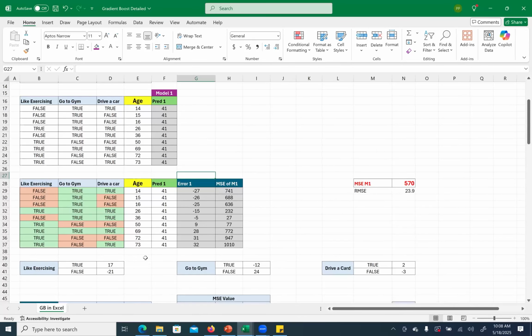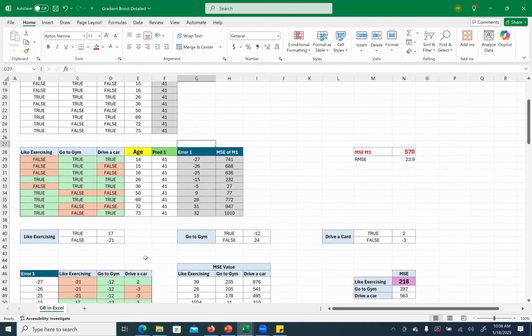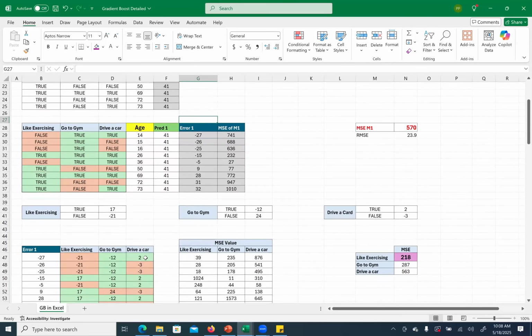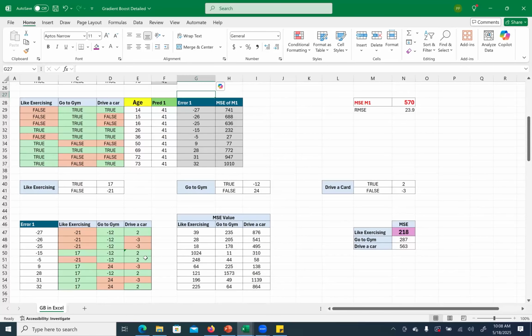Let me ask it this way. Let's say you have male, female, male, female, and this is the height: 165, 168, 145, 155, 160.